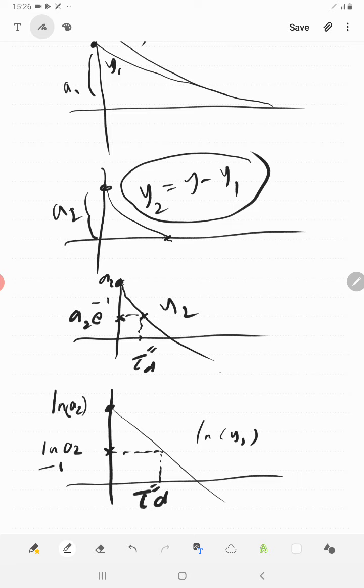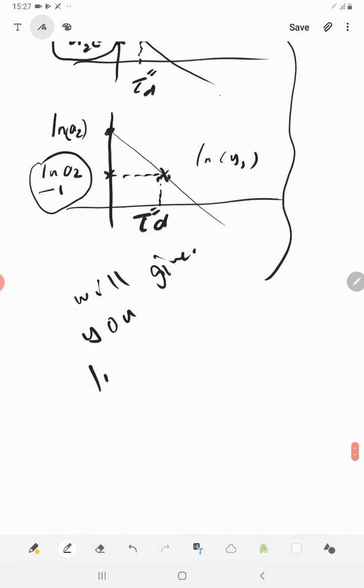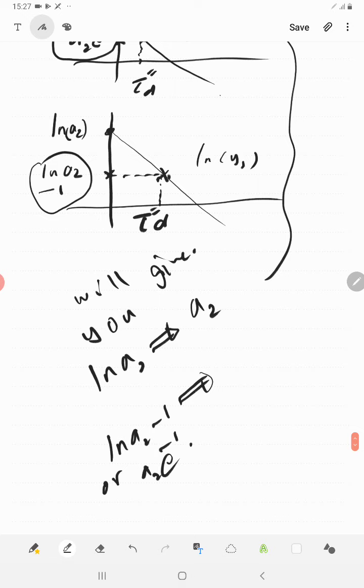You can use both: ln A2 and subtract 1 from it, or use A2 and multiply it by e to the minus 1, which will give you the subtransient time constant.